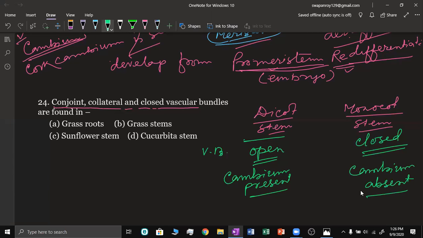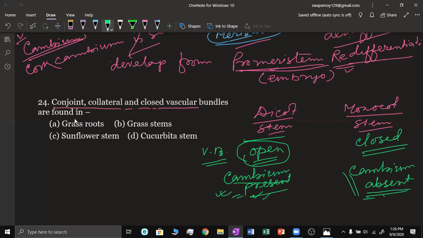So there is no further growth or secondary growth, it is closed. But as in the dicot plant, within the vascular bundle there is cambium tissue, so further development, further growth takes place. So this is open for growth.